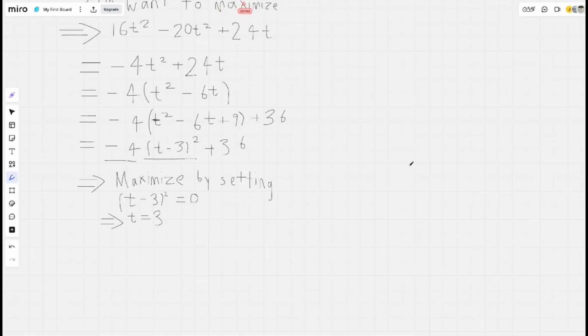And of course you still have to divide by the denominator, so you have the distance as an expression of t. And since you want to maximize some expression that is square rooted, you want to maximize the expression inside the square root, because if you maximize that, then you also maximize the expression after taking the square root.